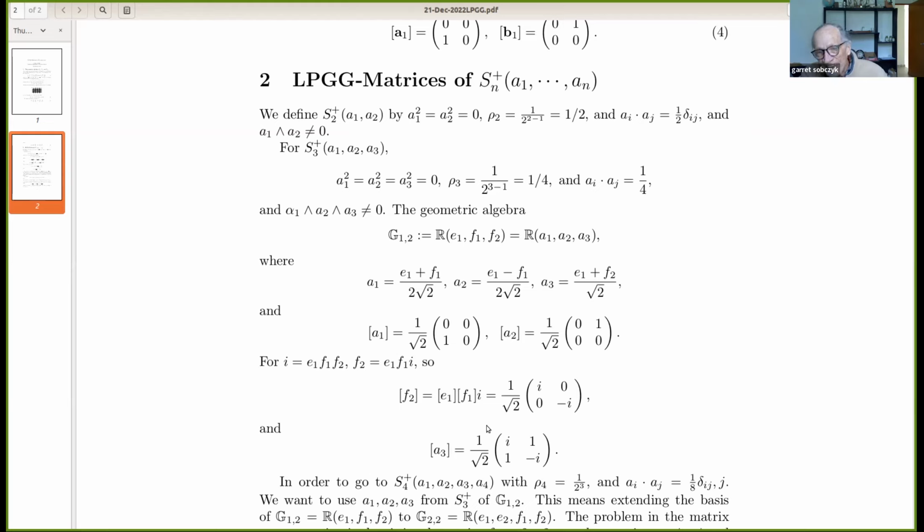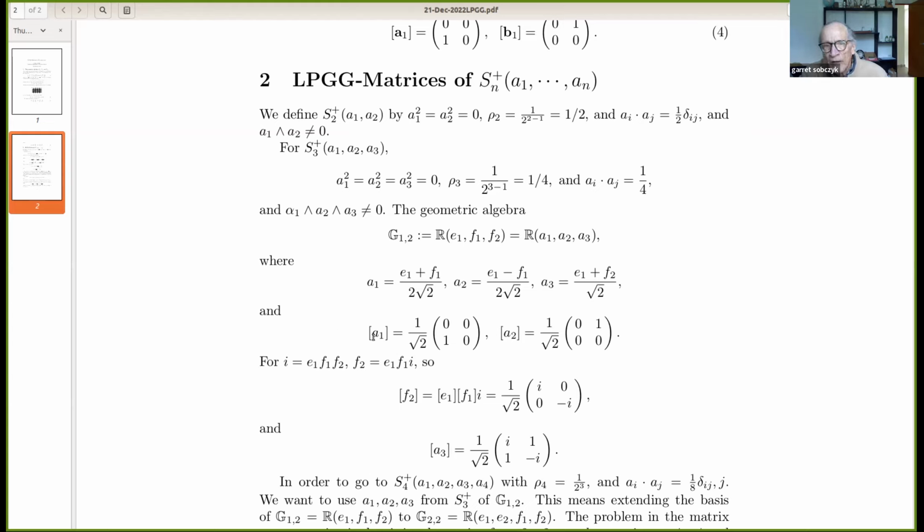Now, if you also calculate the symmetric product of these matrices, you'll find that they're all equal to 1/4, which is exactly what we wanted. So we wanted three null vectors, A1, A2, and A3, whose inner product is 1/4. You can see we can translate all that into matrix statements.